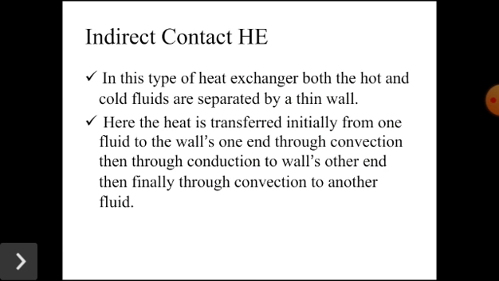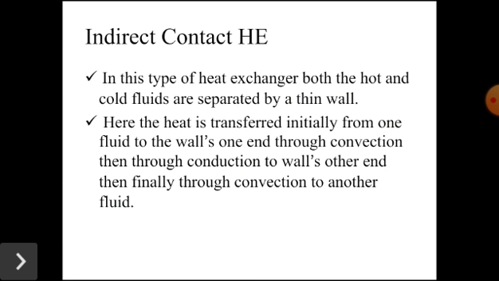Then convection. Convection means heat transfer between two different phases, that is from liquid to solid, solid to gas, or solid to liquid. If heat transfer occurs between these different phases, it is named convection. Radiation is another type of heat transfer.